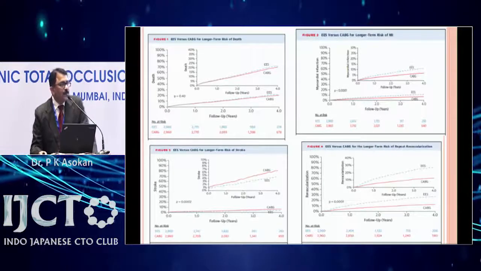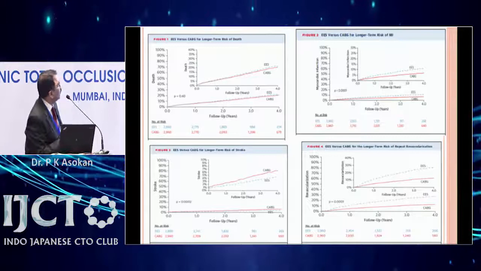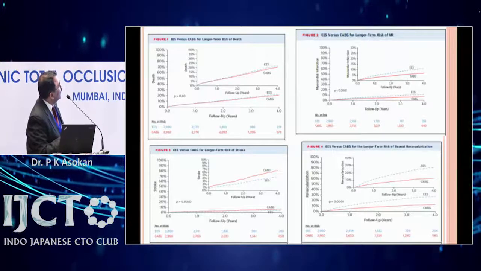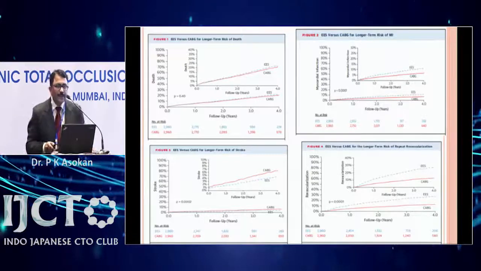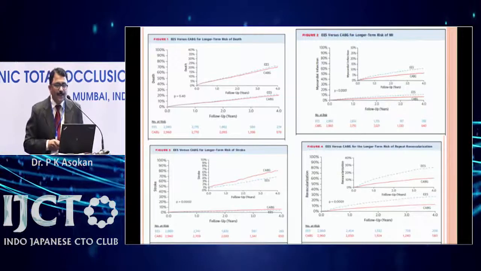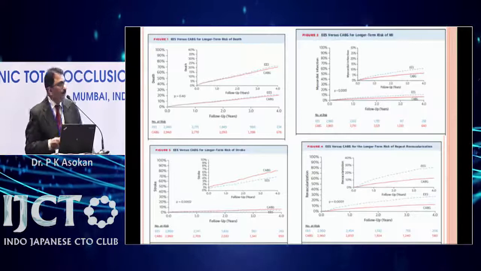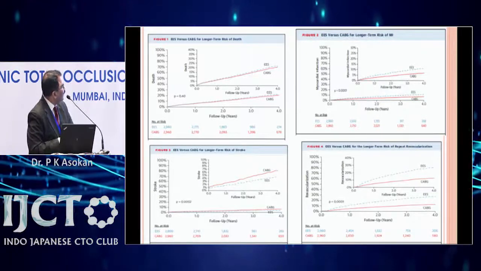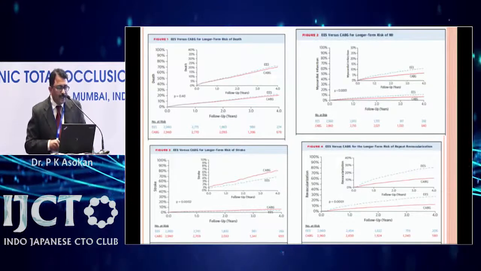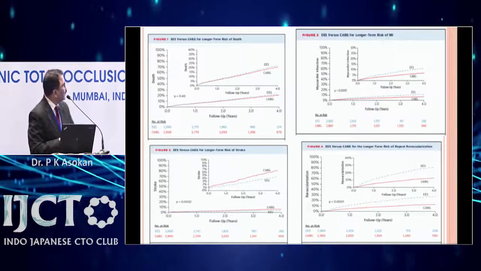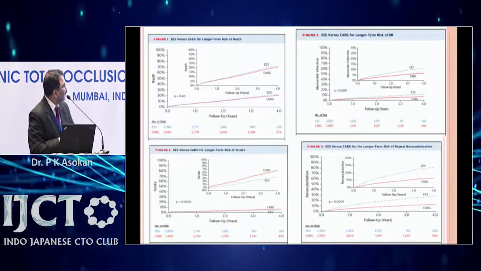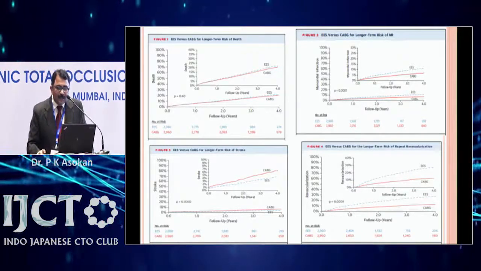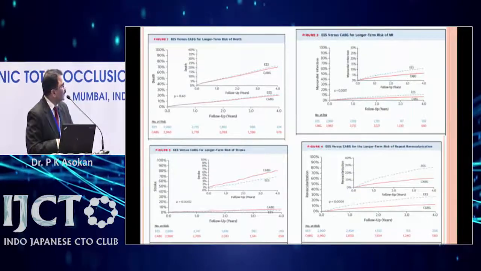The long-term mortality is almost the same whether you do CABG or stenting. The risk of MI is slightly higher on long-term with stenting. The long-term risk for stroke is higher in CABG patients with CKD. The long-term risk for repeat revascularization is higher with stenting.